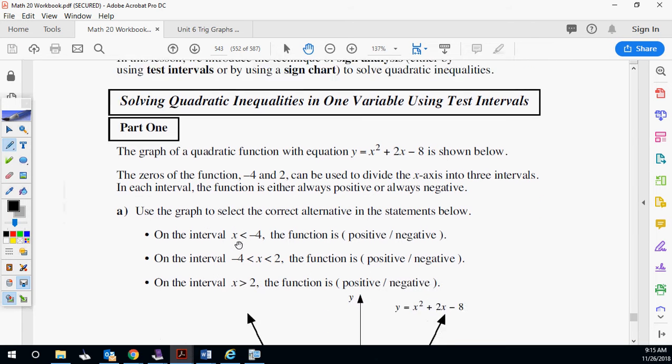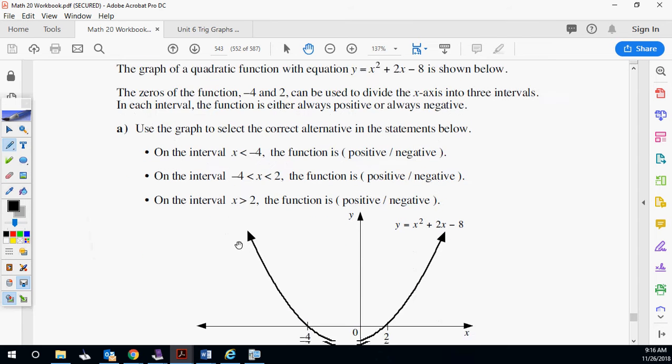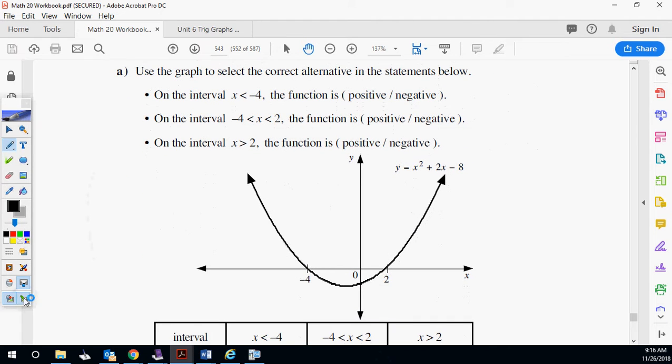Okay, solving quadratic inequalities with one variable using test intervals, part 1. The graph of the quadratic function x squared plus 2x minus 8 is shown below. The zeros are -4 and 2. That's from factoring, because if you factor, it's x plus 4, x minus 2. Look at this graph.